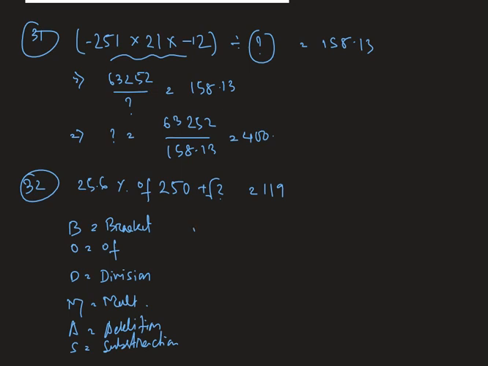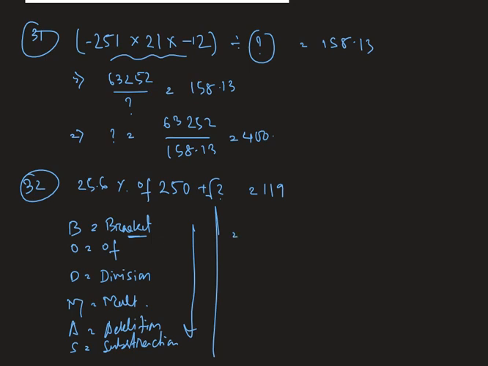That means in any problem we prefer the operations according to the downward order. That means first of all we do the bracket, after that of, then division, then multiplication, then addition, and lastly subtraction.